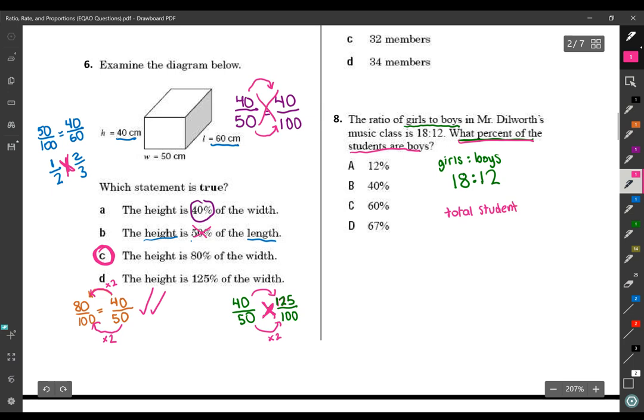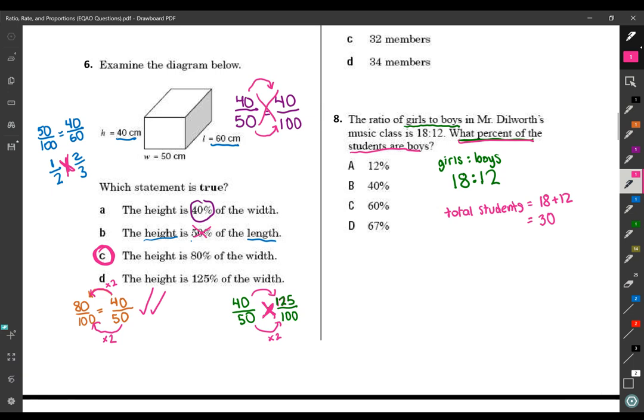What we have to do is add up the boys and girls. So it's 18 plus 12, and that gives us total students of 30. There's 30 students in Mr. Dilworth's class.